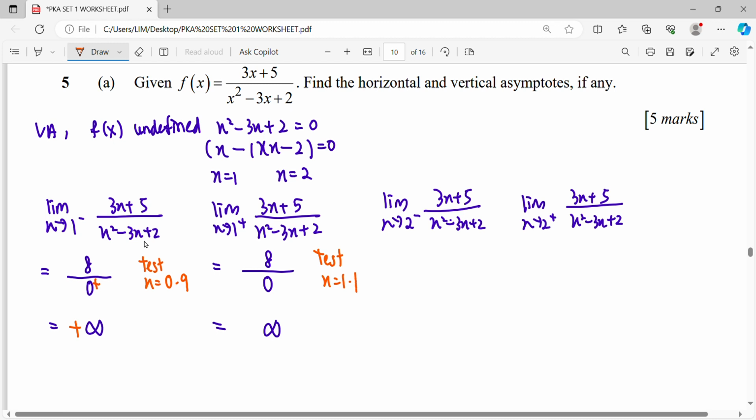When we put in 1.1, we get negative 0 point something for the denominator. So positive over negative, it will be negative.